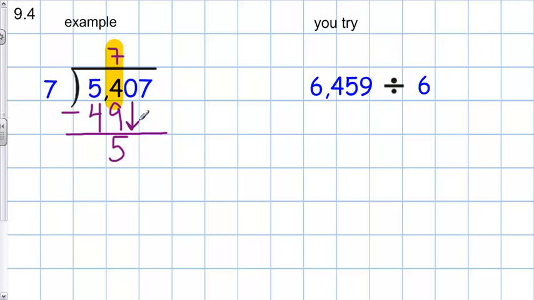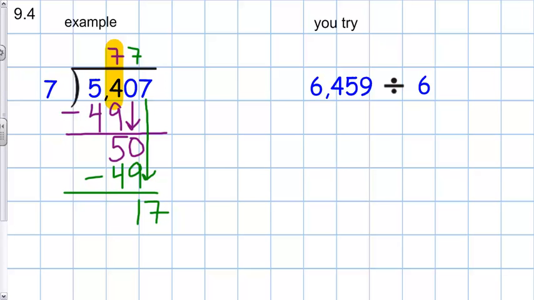Now I have to drop down my 0. So now I'm thinking how many groups of 7 can go into 50. It's going to be 7 again. So I'm going to subtract 49 again. So now we're going to have 1. Now I've got to bring down my 7.